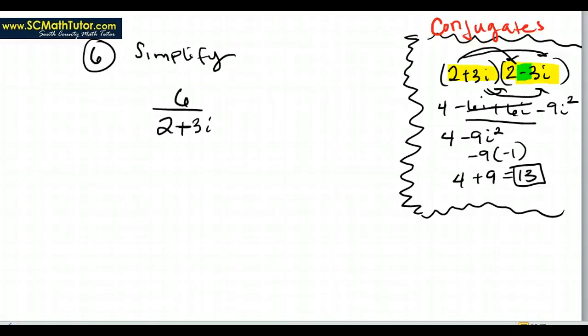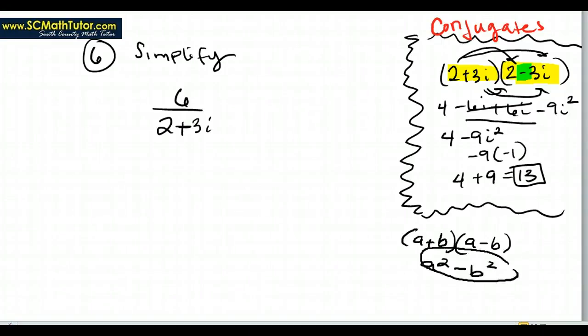So it's the idea of the difference of two squares. Remember, if you had a plus b times a minus b, then it's going to be a squared minus b squared because the middle terms cancel out. To be consistent, we usually just change the sign and keep everything else the same.